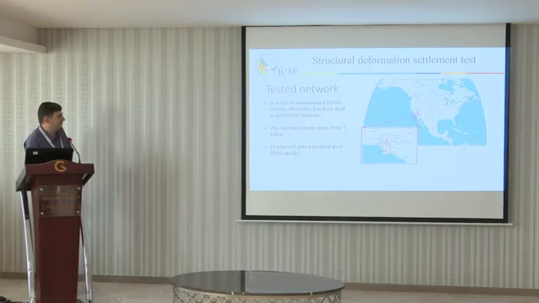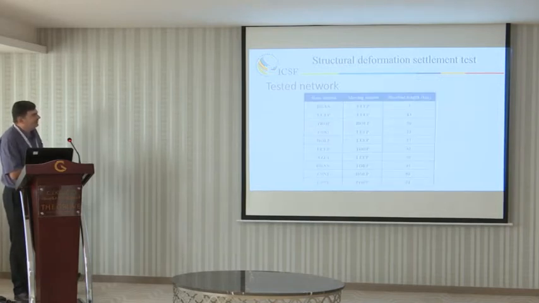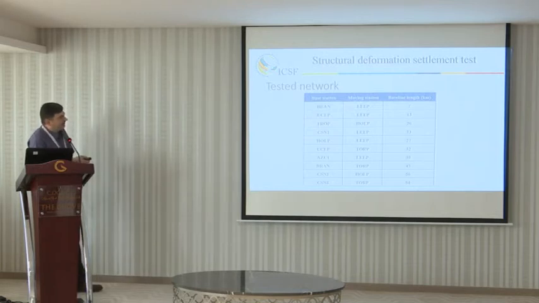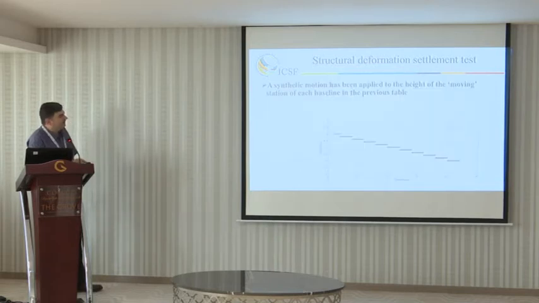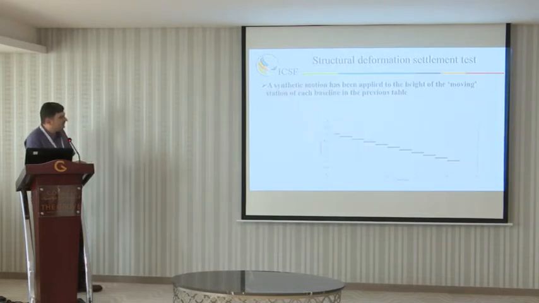We processed over 21 hours. And this is the table from that network, where we have the base, the rover, and the distance between them. Now, we applied settlement on the rover station, 20 centimeters every 2 hours.